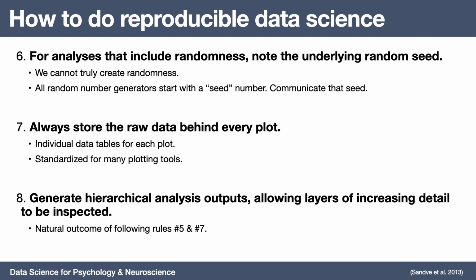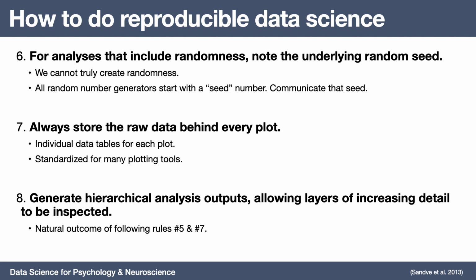Next, generate hierarchical analysis outputs, allowing layers of increasing detail to be inspected. Now, what do I mean by that? Well, basically, it's a combination of item number 5, which is record all intermediary results where possible, and item 7, which is always storing the data behind the plots.